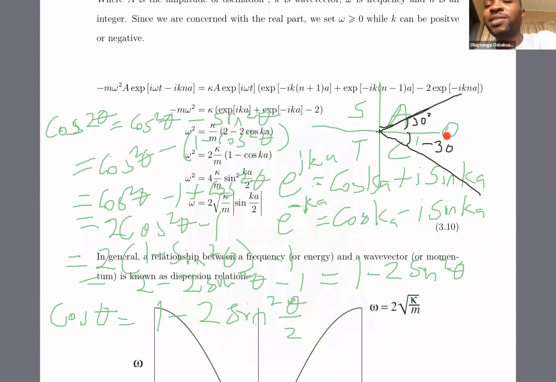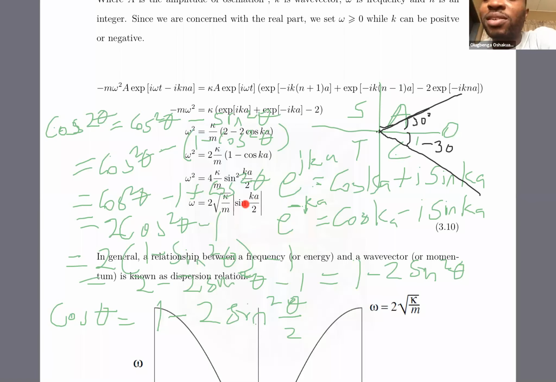For the fact that sine is odd, and we are talking about the angular frequency, we should be careful with the sign. We don't want anything that will give us a minus value as a result of the sign, because K can be either positive or negative, and we don't want anything to affect the sign of this sine.